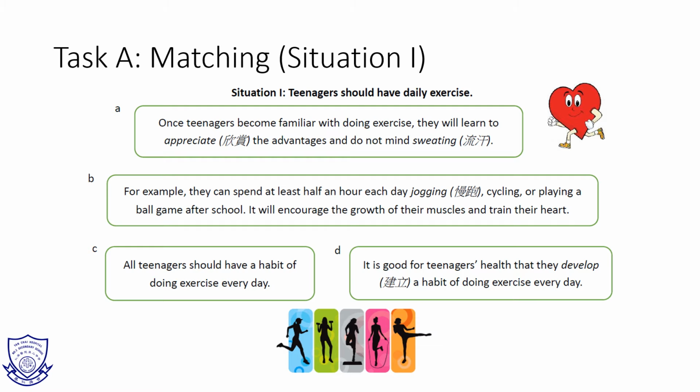It will encourage the growth of their muscles and train their heart. Sentence C. All teenagers should have a habit of doing exercise every day. Sentence D. It is good for teenagers that they develop a habit of doing exercise every day.